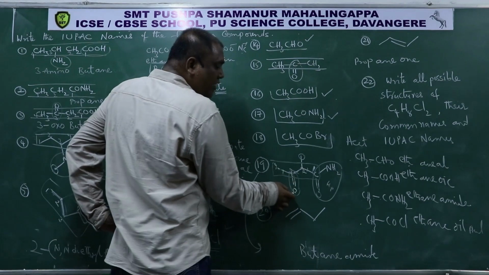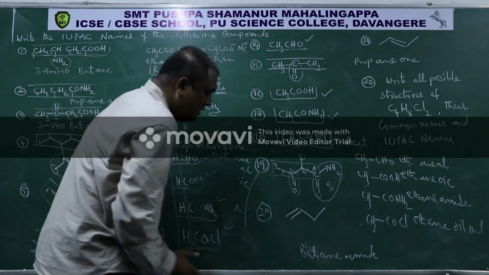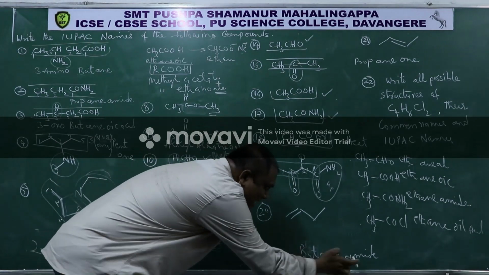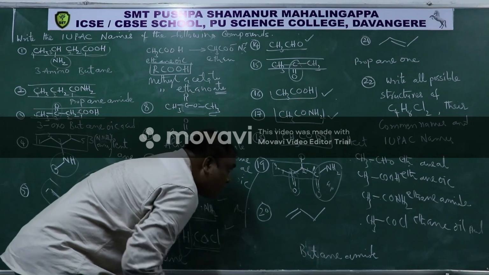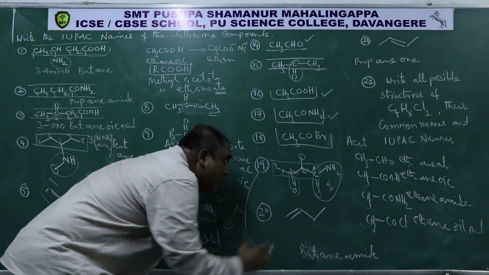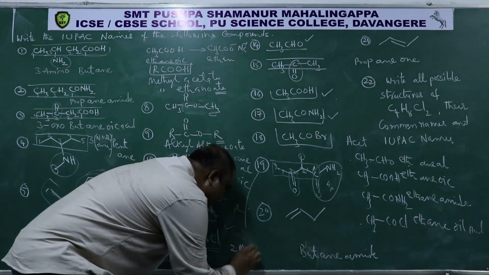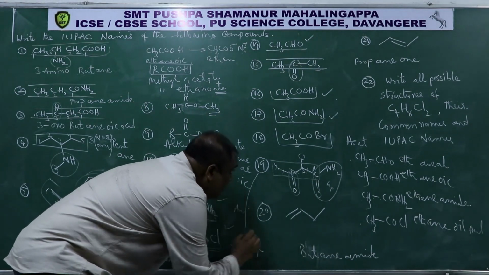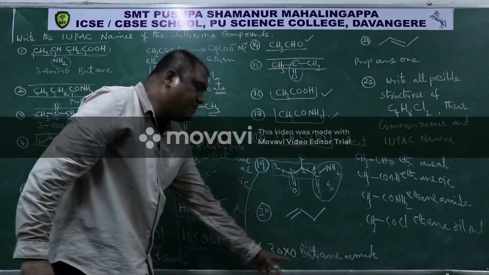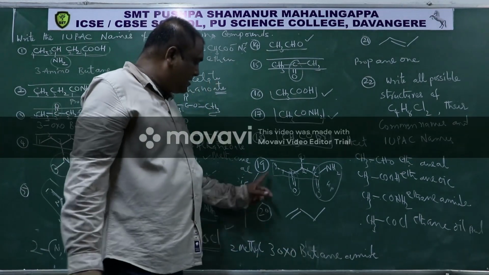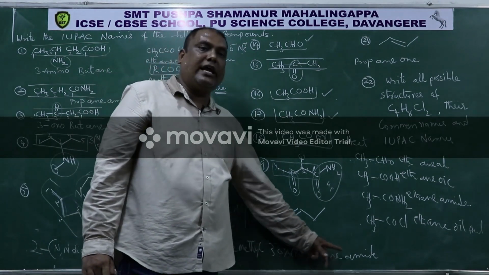C double bond O, I told prefix is oxo. Now I am writing prefix. This is root word over, primary suffix over, secondary suffix over. Then prefix. In the alphabetical order, M comes first. So I will write 2-methyl, then 3-oxo. This is the prefix. Therefore, name of this compound becomes 2-methyl-3-oxobutanamide.